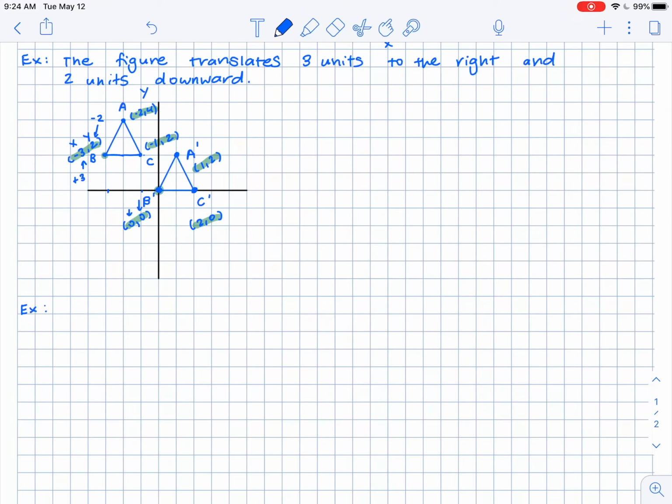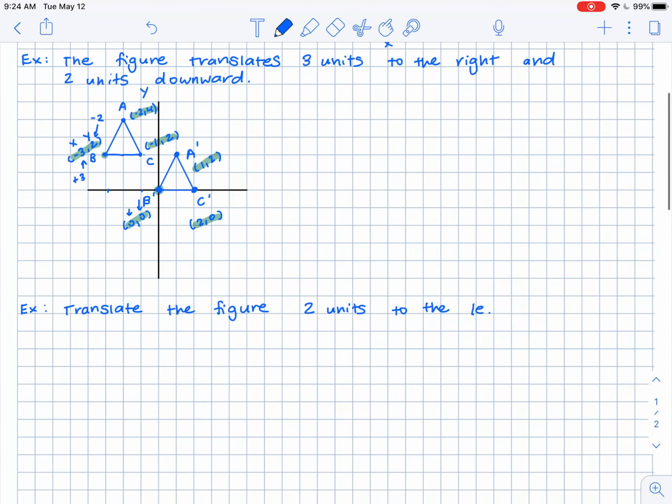So, another example. Okay. Translate the figure 2 units to the left and 3 units upwards.